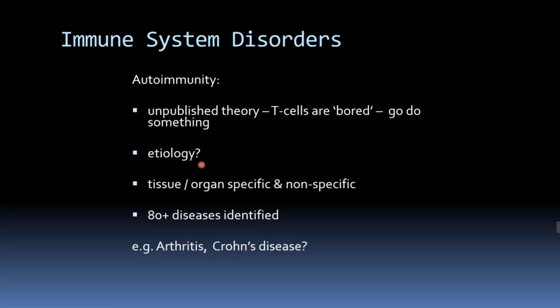So the etiology is really not fully understood. It can be tissue or organ specific and sometimes non-specific as well. There are 80 plus diseases identified, and probably more coming down the pipe every so many years. It's such a huge field.